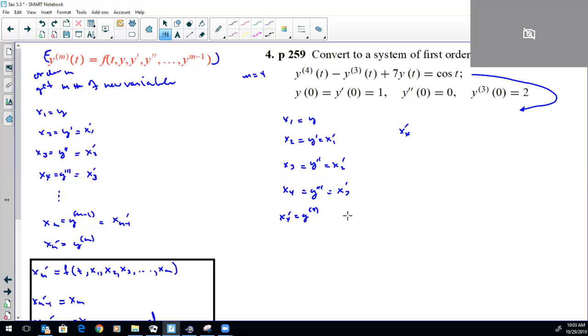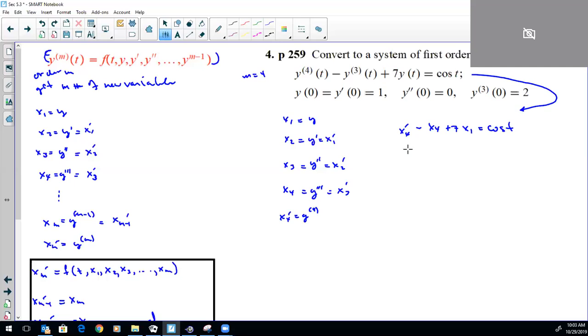We don't give it a new name. We don't need another variable here for x5. This is x4 prime. The third derivative of y is x4. Then we have plus 7 times y. Well, y is just x1, equals the cosine of t.